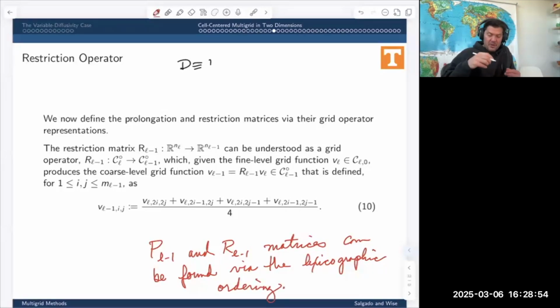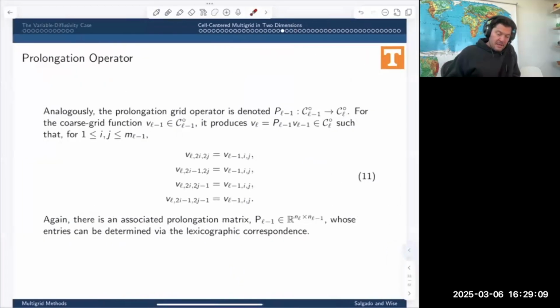So in other words, once I figure out how to map a grid function to a vector, then I can easily turn equations which look like this into matrix vector formulations. That's it. I just wanted to emphasize that point. I did emphasize the point here for the prolongation matrix, but I forgot to do the same thing for the restriction matrix. Once you establish for yourself a way of counting to convert cell-centered grid functions into vectors by converting their coordinates, then you're done.